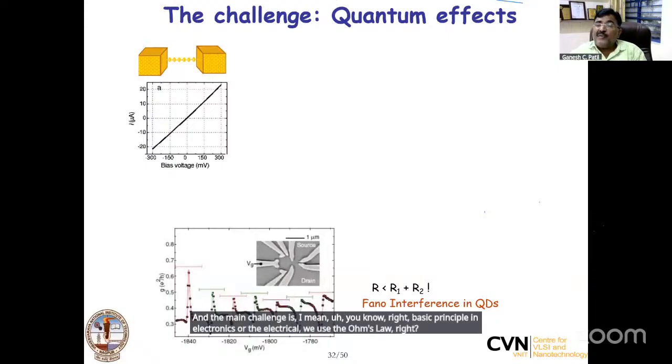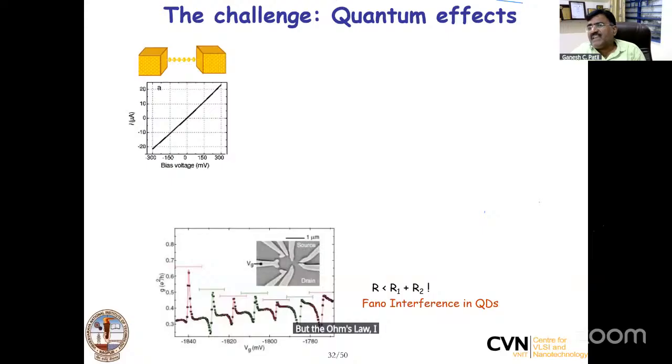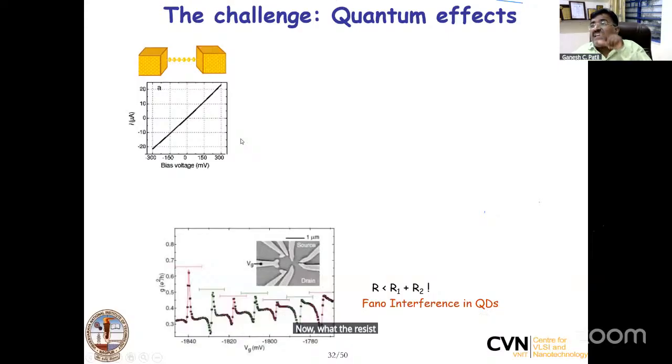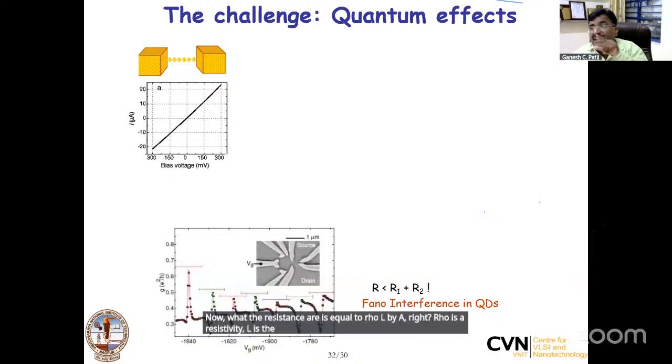Ohm's law is just a simple I-V, which I'm showing here. As I change my voltage, my current changes linearly, and the inverse slope of this is the resistance, right? Now, the resistance R is equal to rho L by A, where rho is the resistivity, L is the length, and A is the area. So the dimensions play a role in deciding the resistance R.